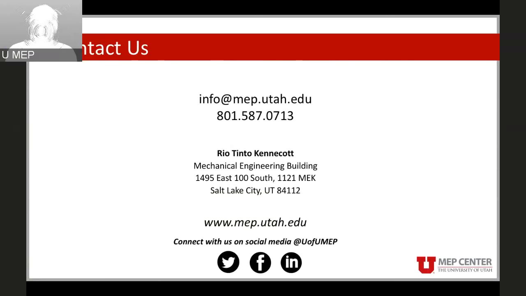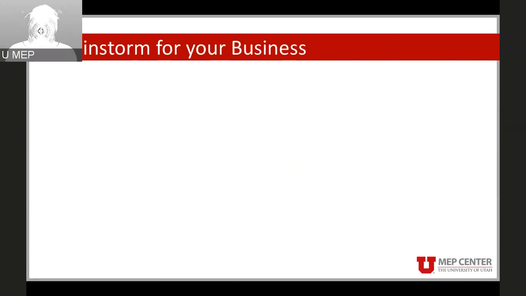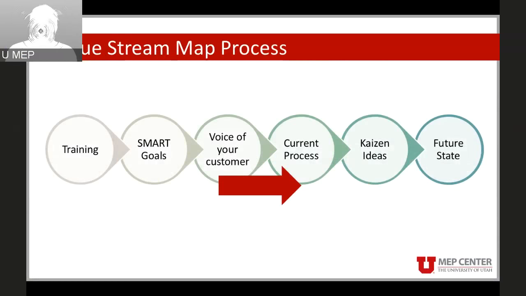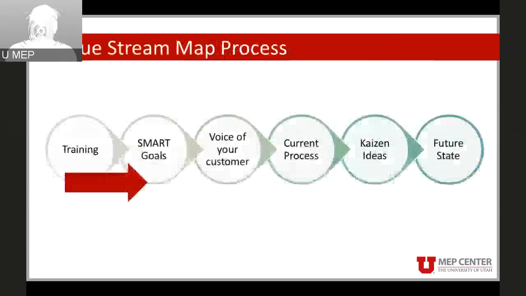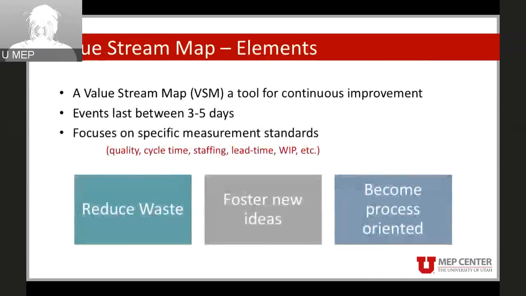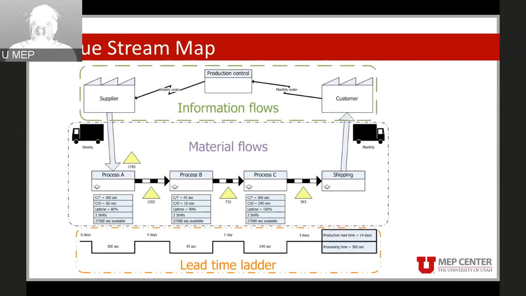Another question: can you go over the VSM symbols and why pull systems are essential? I think the easiest way to explain this is to jump back to one of my earliest slides, where we had a finished value stream map. Anytime you see a zigzag line, like at the top in the information flows, that's something electronic, a data portion being traveled.